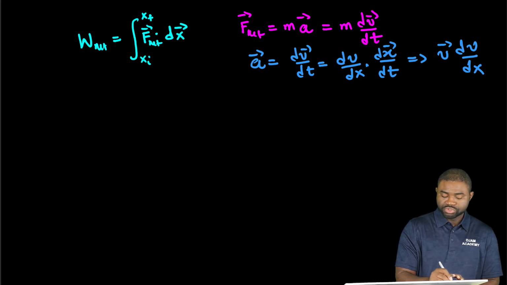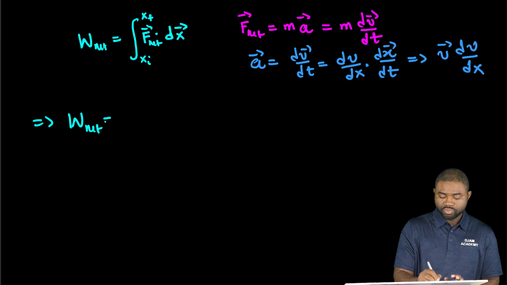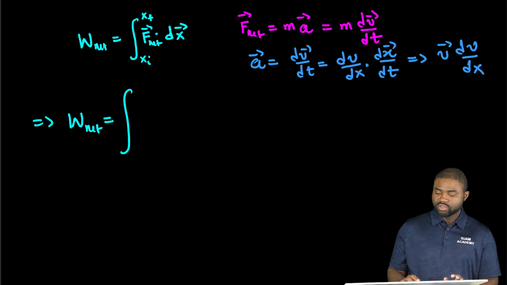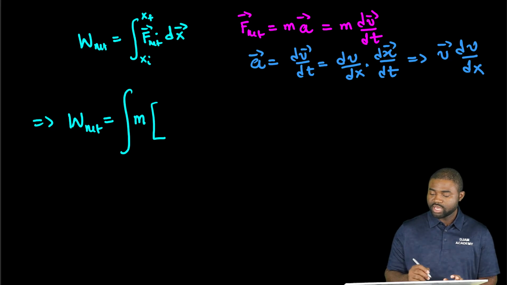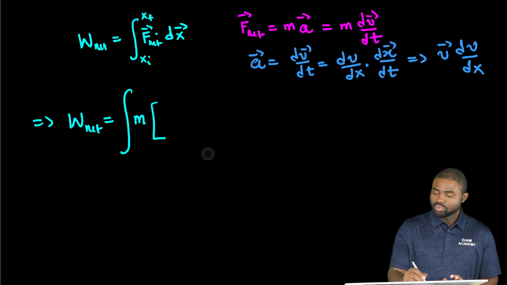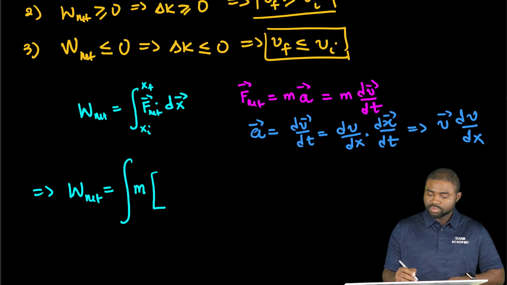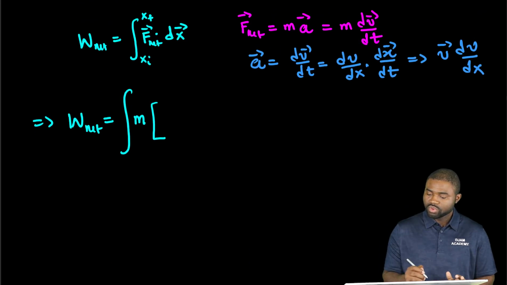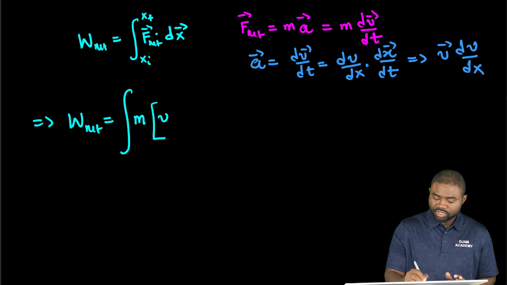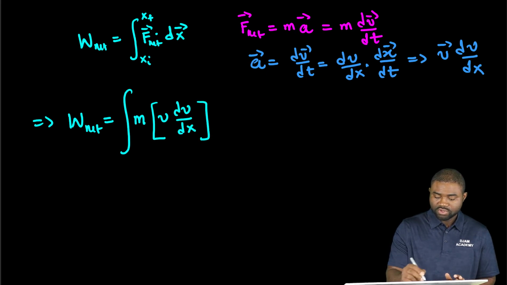And if that is true, this would mean that the net work done will be equal to the integral of F, which is just m multiplied by a, which will be v dv over dx multiplied by dx.